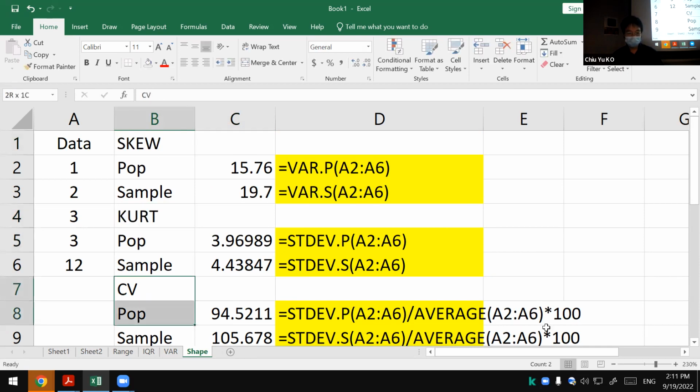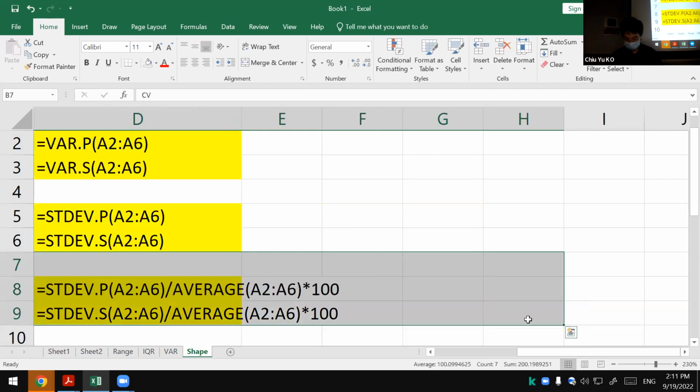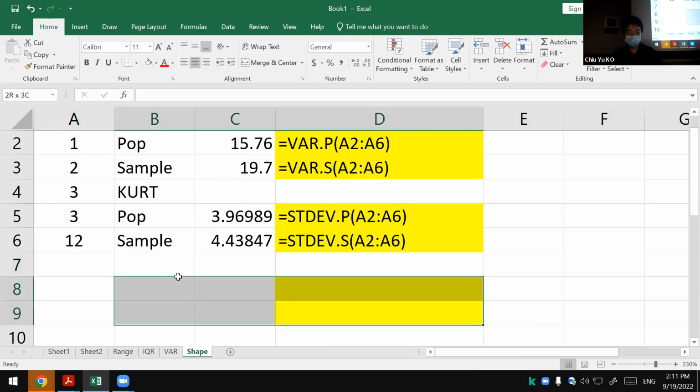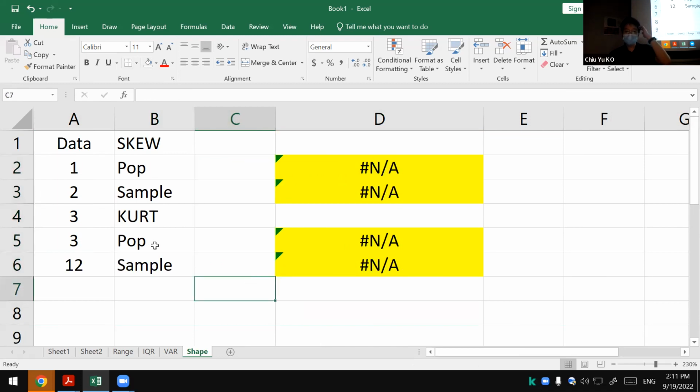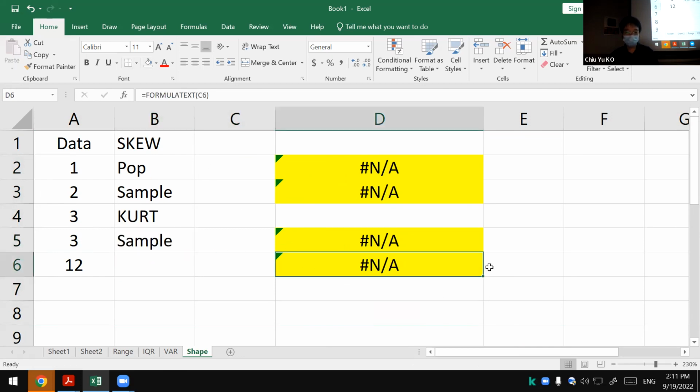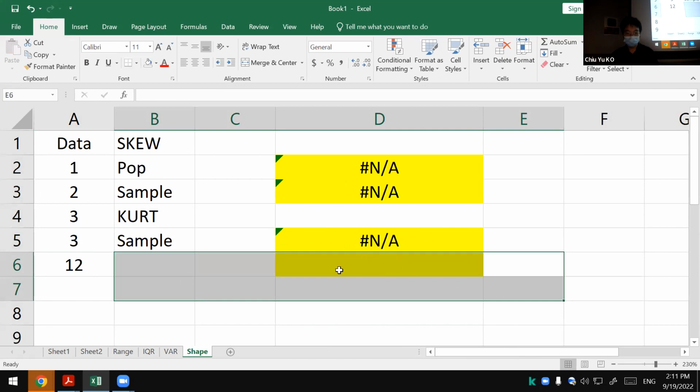Let me clean this out because I don't need them. Okay, so I don't have that yet. And for kurtosis, I don't have a sample version. So it's very simple, much easier.